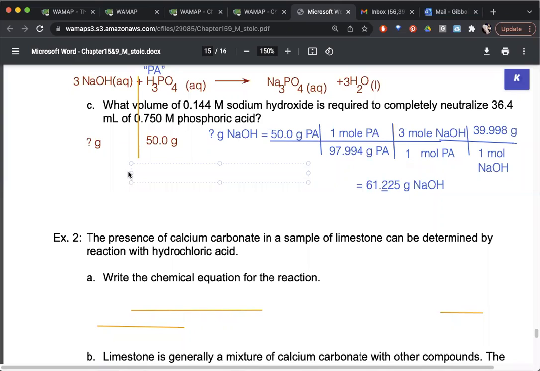We want to know what volume, so how many liters of 0.144 molar sodium hydroxide is required. Oh, and this is a different question, so let me just cross that out so we're not confused. We've done that already. Okay.